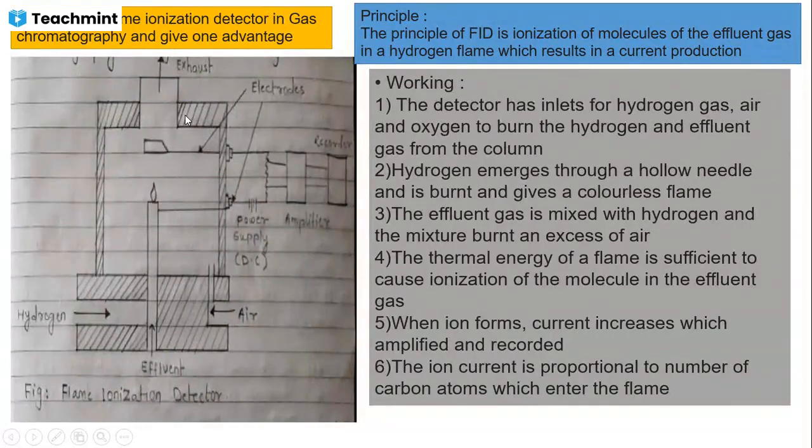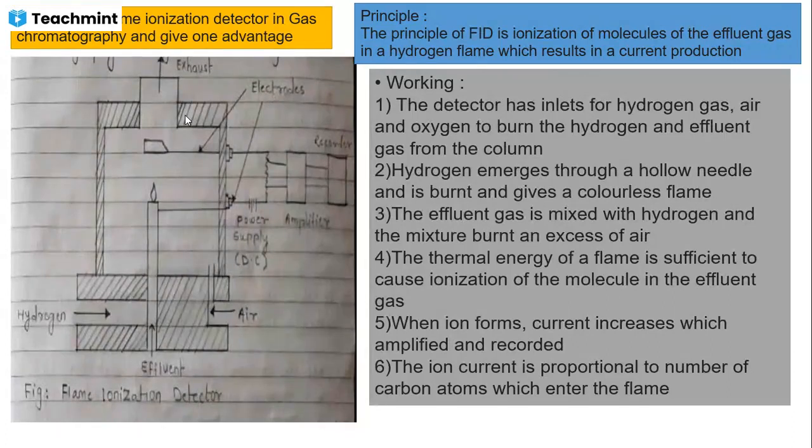What is the basic principle? The effluent, or the sample coming from the capillary, is burning on the flame. What will happen is that when you bring it in contact with the flame, there will be ionization, meaning whatever the sample is, it will convert into its own ions.